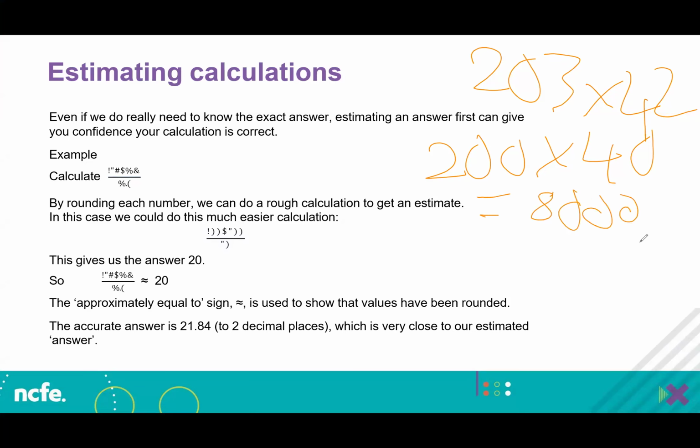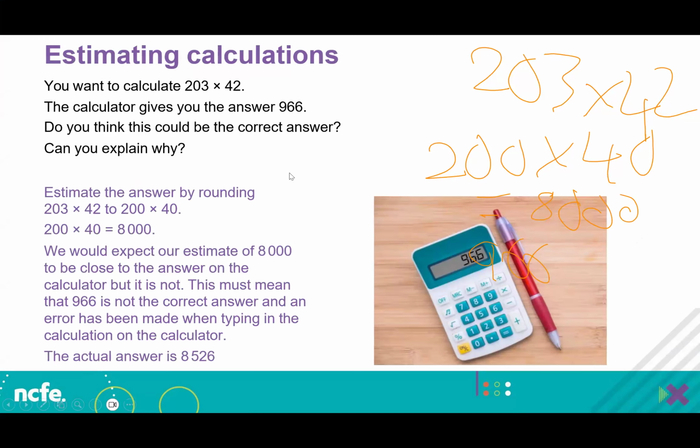Now, we know that our estimate is nowhere near the calculated answer, which was 966. Therefore, we know that there has been an error in the calculation, and the correct answer, if we check it on our calculator, seems to be 8,526, which seems much more like it.